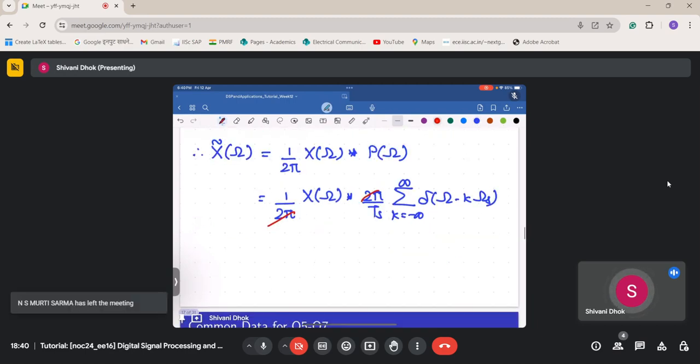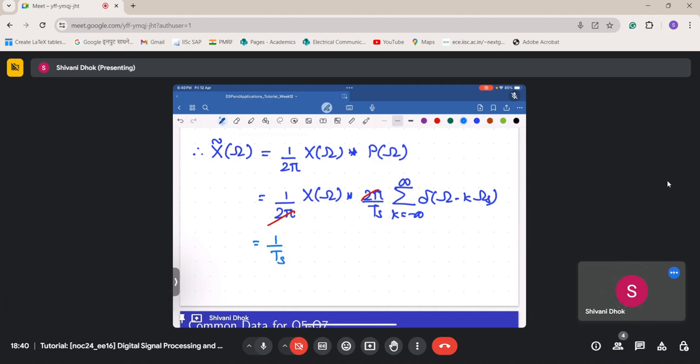This 2 pi gets cancelled. 1 by Ts is a constant, I can take it outside. And again, I can apply the distributive property of convolution. So this will be x of omega convolved with delta omega minus k times omega s, and I'll add this up for all the values of k, which are integers.